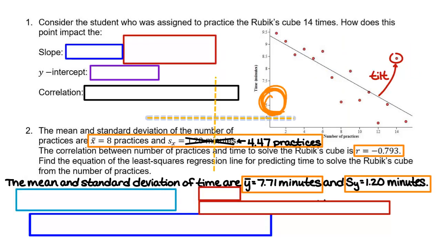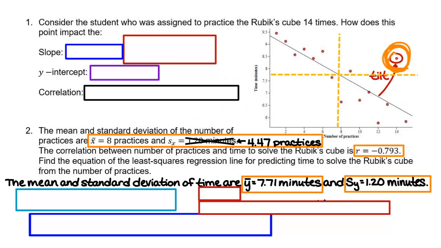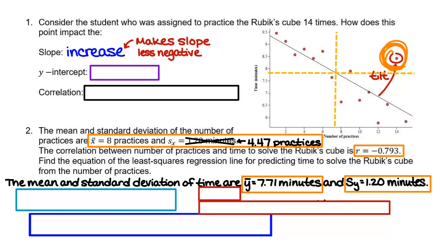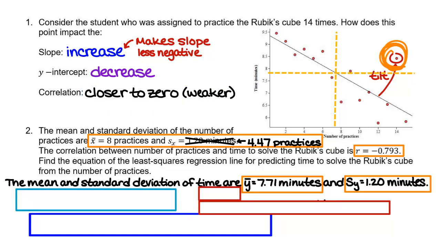So hold on and I will get all of that up here. Slope is being increased. It's making the slope less negative, decreasing the y-intercept, and it's making my correlation weaker, closer to 0.